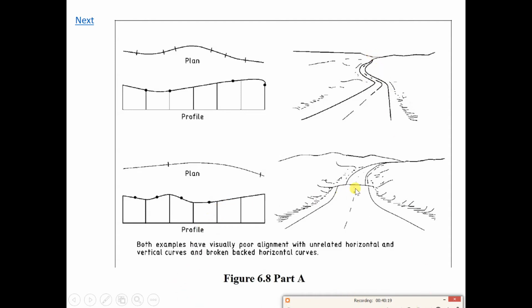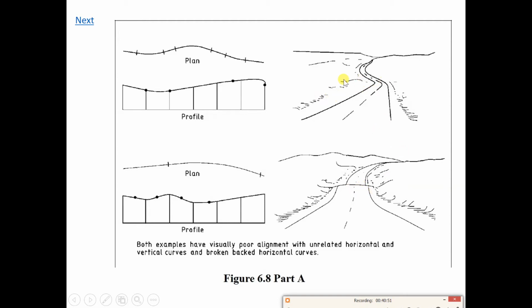Actually, this is not very pleasing, and also it's not very safe. Rather, if the curve is going down in one way, just one curve, you can see what's happening in the valley, rather than not knowing what's hiding behind this crest curve here.